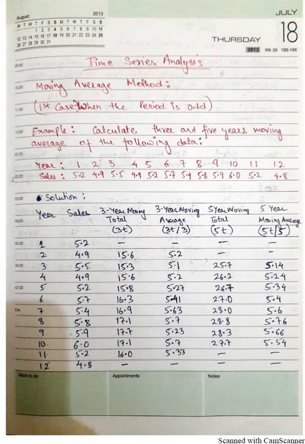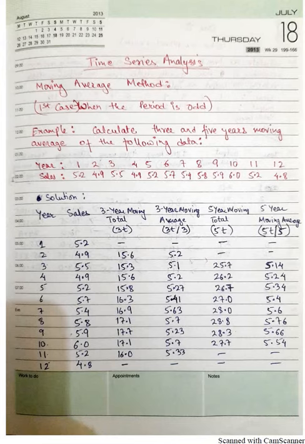So here we see 3 years is an odd number and 5 years is also an odd number. So when you are set to calculate the moving average, 3 years moving average, 5 years moving average, 7 years moving average, 9 years moving average, and so on, you will always follow this method which applies for odd period.